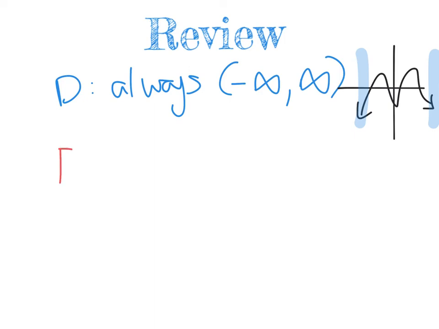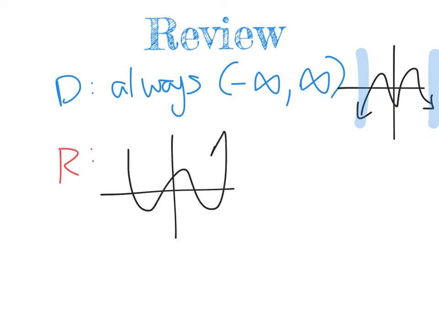The range, that's where things change. The range will go depending on the function. So you have two possibilities for the range. We could have an even exponent function that looks something like this, or we can have an odd exponent function that looks something like this.